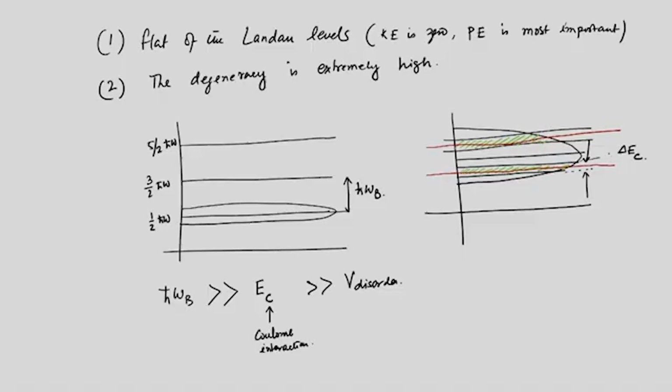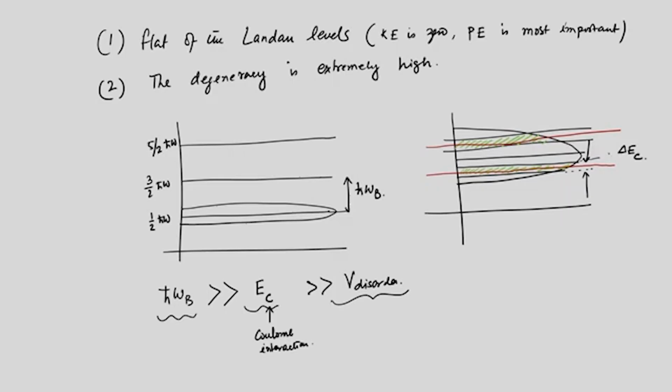The kinetic energy is 0 because the Landau levels are flat, which gives you frozen charge carriers, but we still see that there are these plateaus. And we talk about a particular hierarchy of energy levels, which says that the magnetic energy is largest, then the Coulomb energy, and then the disorder, which determines which samples would show the fractional quantum Hall effect and which ones will show the integer quantum Hall effect.